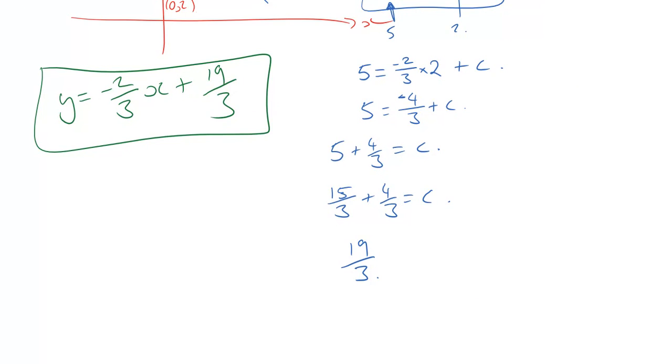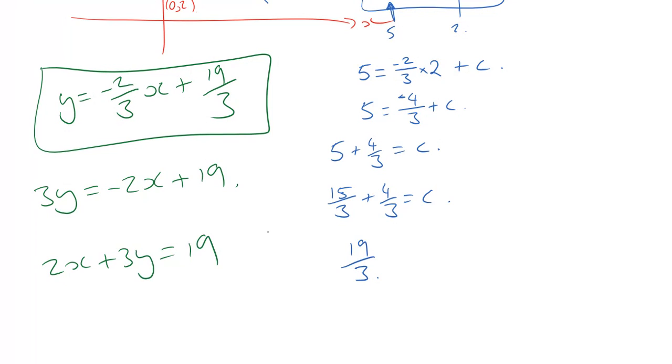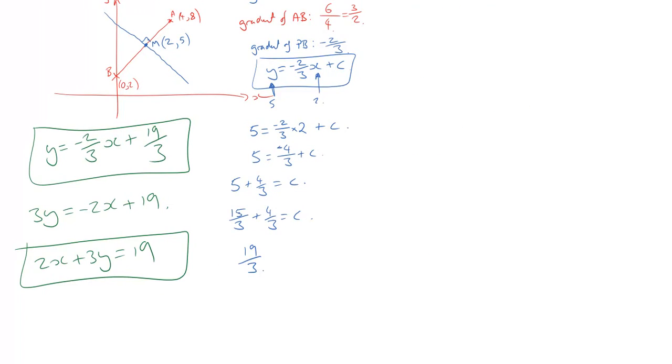If I multiply both sides by 3, I'd have 3y equal to minus 2x plus 19. I could then add 2x to both sides and say that 2x plus 3y equals 19. I like this format too. This is a nicer way perhaps of writing the equation of that perpendicular bisector.